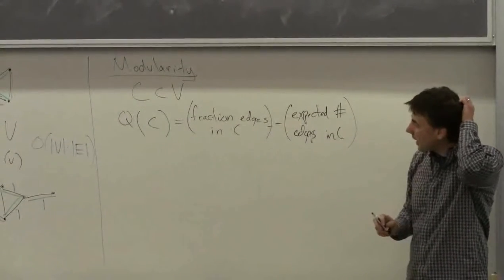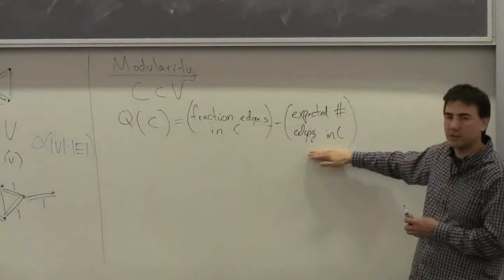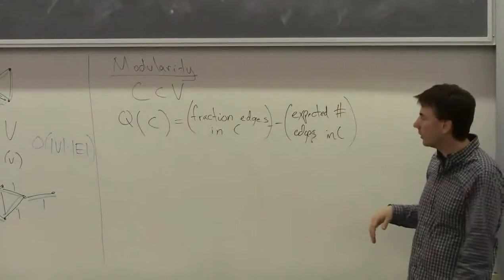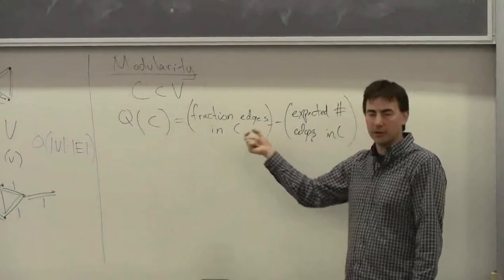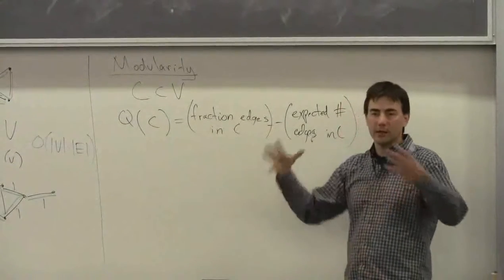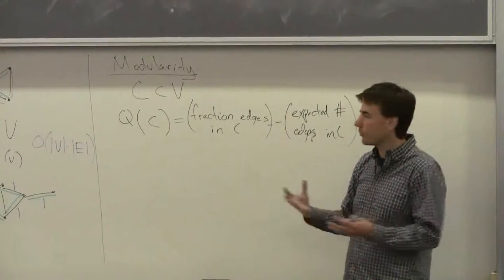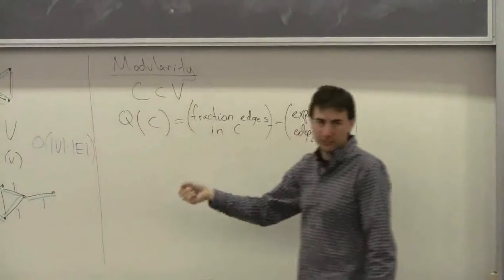But the idea is that if you have an expected number of edges in C based on some model, but you have more edges between the nodes in this subset of vertices C, it's more likely to be a tighter community, right? So we're trying to organize the nodes by using the edges as the only measurement we have.